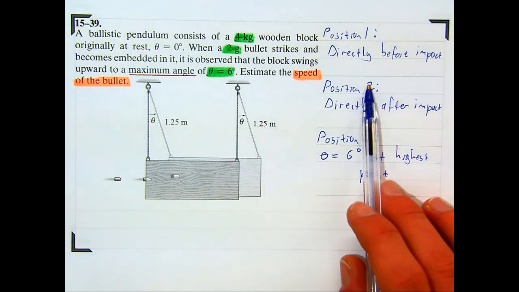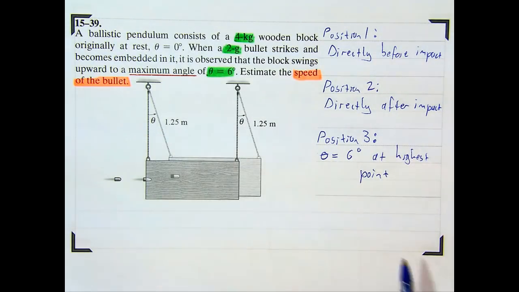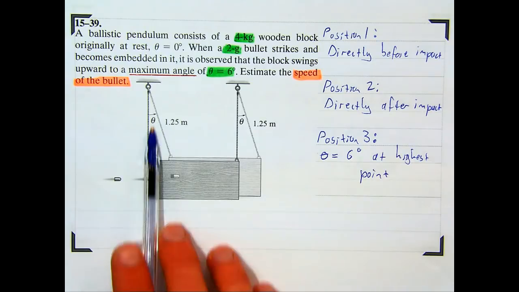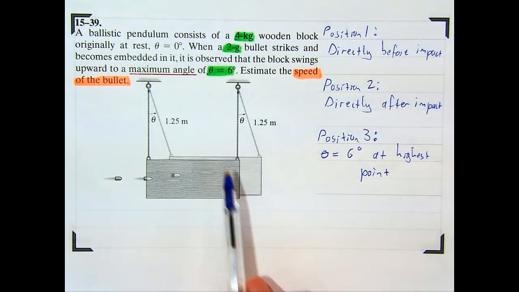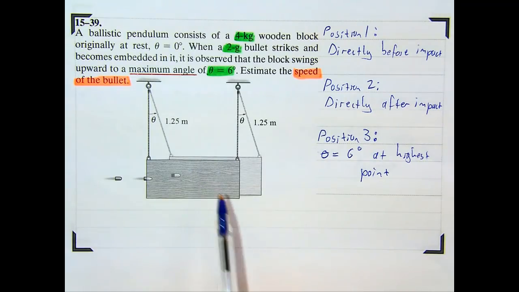Then from position 2 to position 3, as this pendulum swings up, we can say that energy is being conserved, because the only forces acting on it would be weight and the normal forces in the cables. The normal forces in the cables won't be doing any work, and weight is a conservative force.